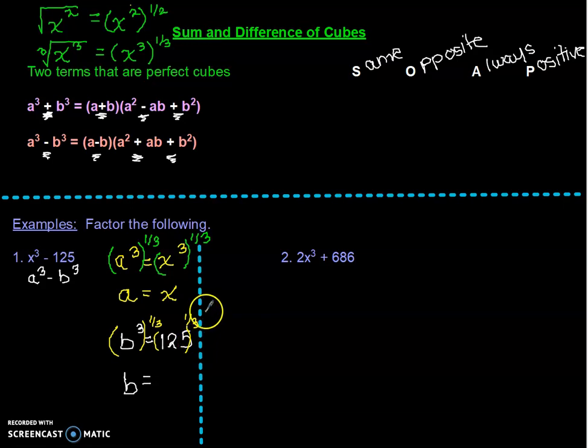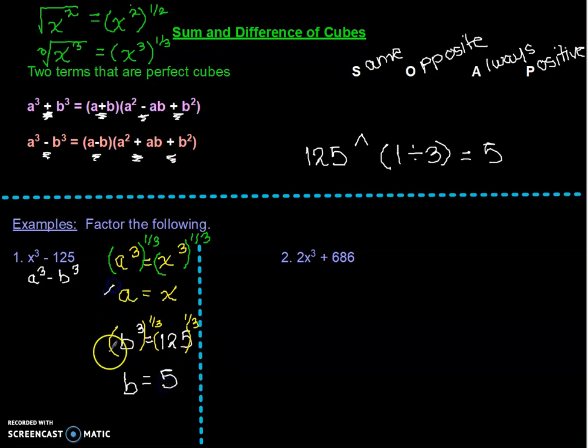So 125 to the 1/3 power: if you're going to type this into the calculator, make sure you put the exponent in parentheses, so 1 divided by 3. Otherwise, it will just raise 125 to the first power and then divide that answer by 3. So if you type in 125 to the 1/3 power, you should get 5, which does make sense, because checking it, 5 times 5 times 5, a number multiplied by itself 3 times, gives me 125.